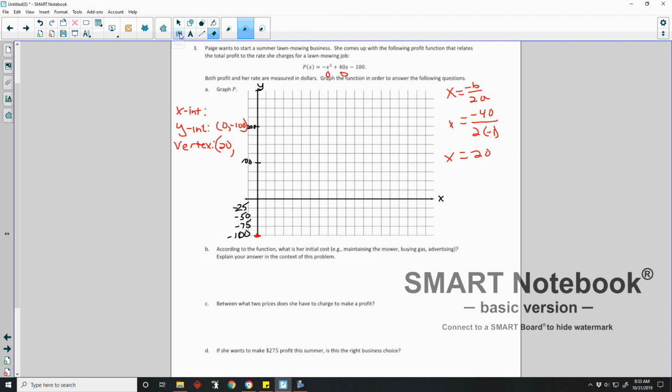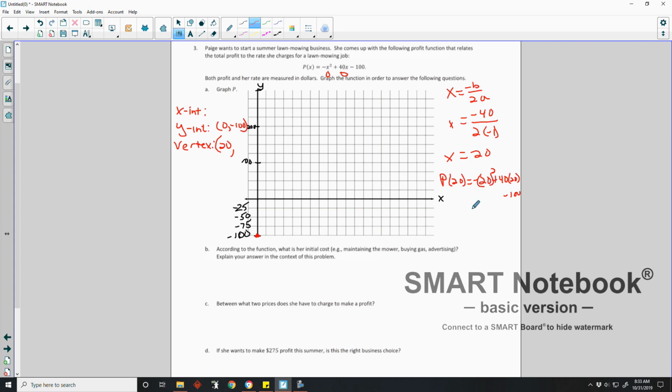Once I find that x value, I substitute it into here. So then I want to find f of 20, or p of 20 in this case. So p of 20 will be my y value of my vertex. So it would be negative 20 squared plus 40 times 20. Running out of room here. Minus 100.